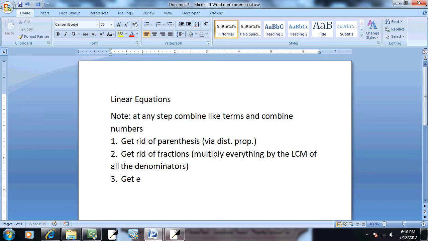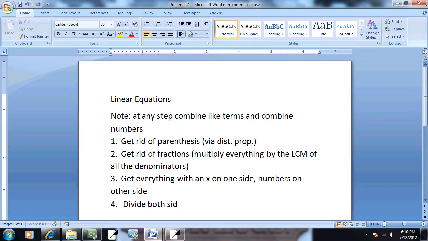Step 3, get everything with an x on one side, numbers on the other side. And step 4, divide both sides by the number in front of the x.